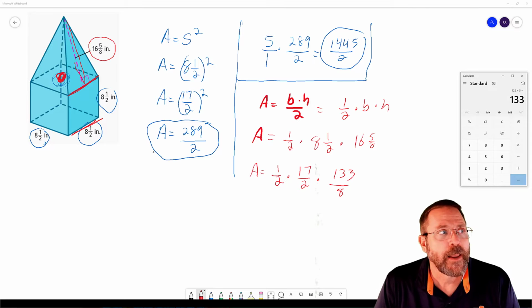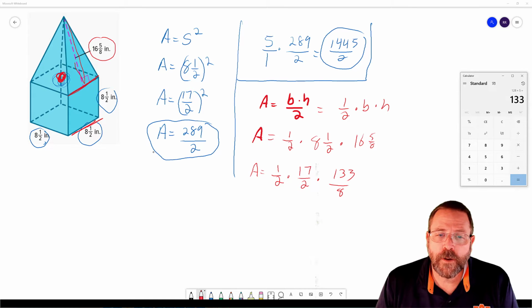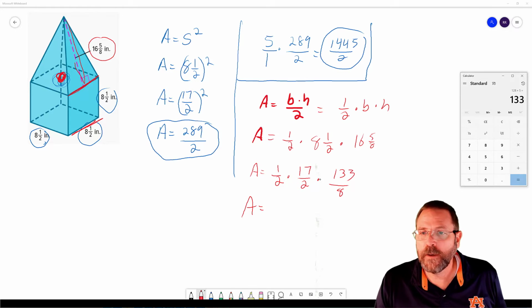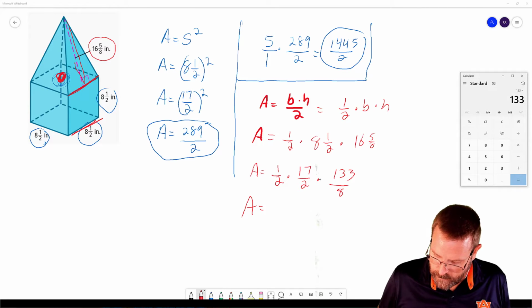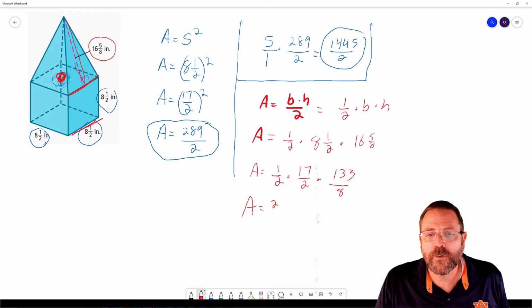I'm good. Now is anything going to simplify? It's not. So I can multiply across the top: 1 times 17 is 17, and 17 times 133 is 2,261 over 2 times 2 is 4, and 4 times 8 is 32.